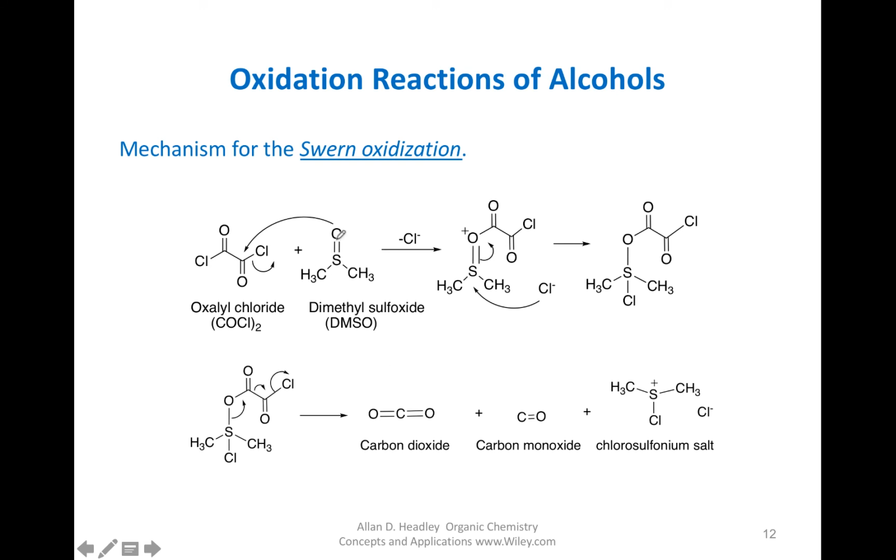In the first step, as you can imagine, the electrons that's on the oxygen of DMSO attacks the very electropositive carbon here. Chlorine is a good leaving group because it's a very stable conjugate base. So it leaves. As you can see, the arrows here indicate electron movement.